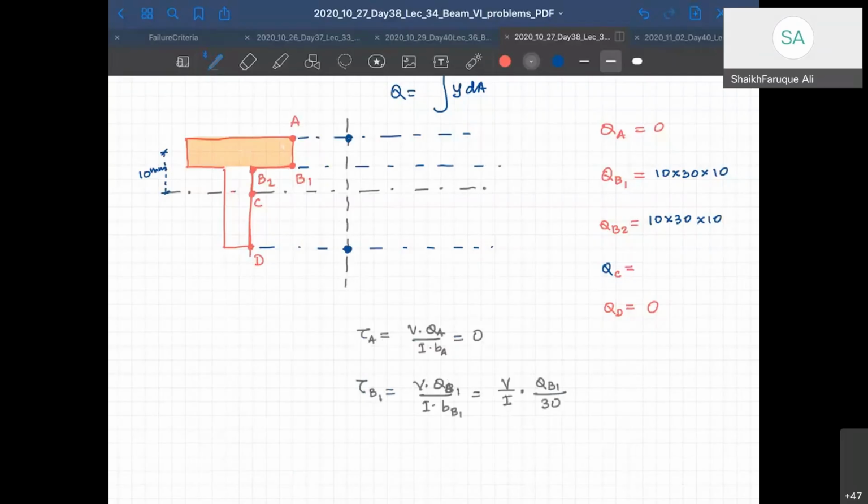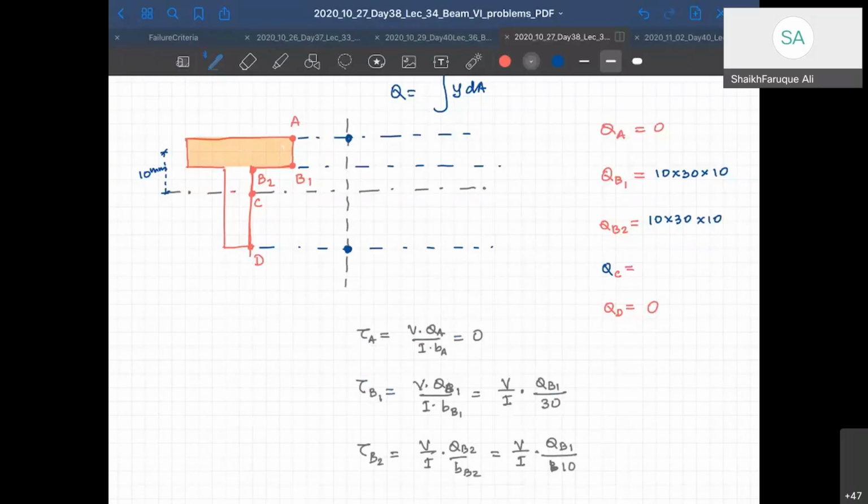And tau at B2 is equal to V by I again, with Q at B2 by B at B2. Q at B2 is again QB1, the same value, but your B2 is 10.